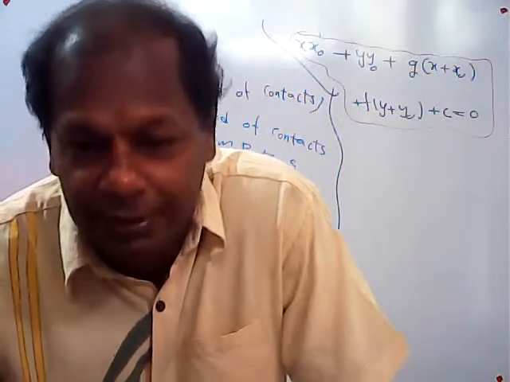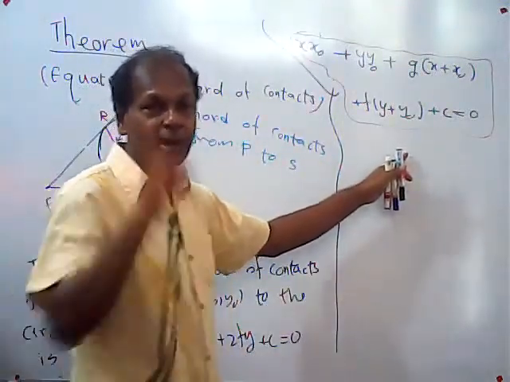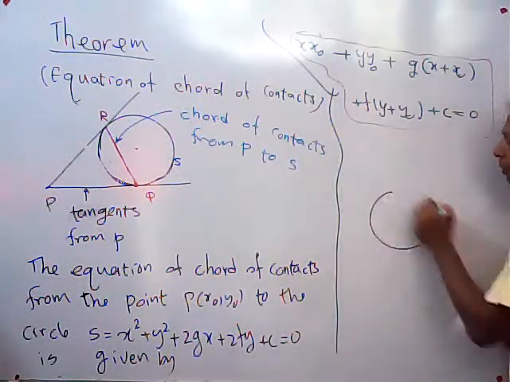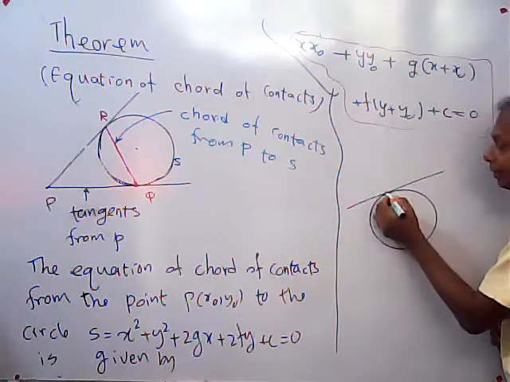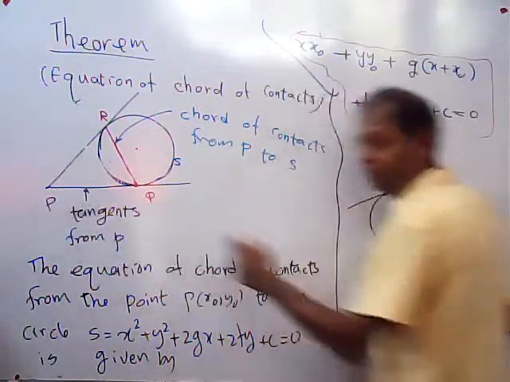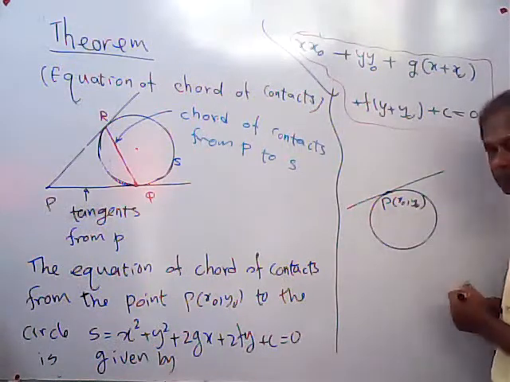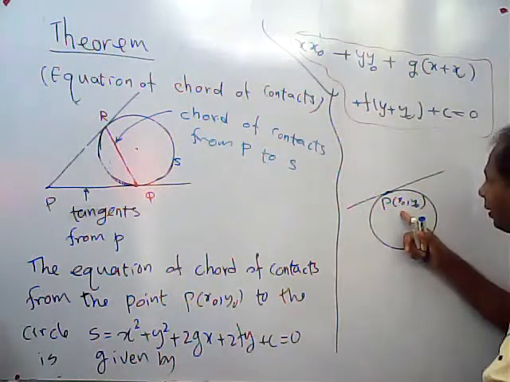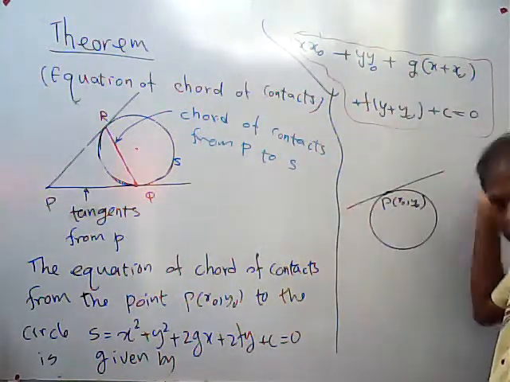So what is the difference here? We wrote the same equation last day for the tangent. For the tangent, this point should be on the circle. x naught, y naught should be here, right? If the point P(x naught, y naught) is right here on the circle, the same equation gives you this tangent.